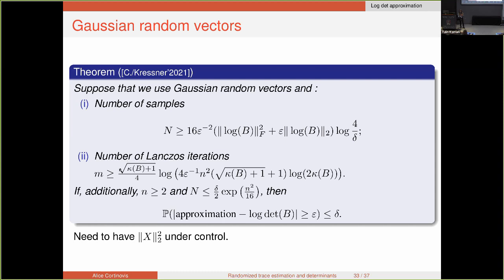But here it's basically the same thing. The number of Lanczos iterations needs to be proportional to the square root of k, and the number of samples is proportional to epsilon to the -2 times the Frobenius norm squared of the logarithm of B times the logarithm of 4 over delta.